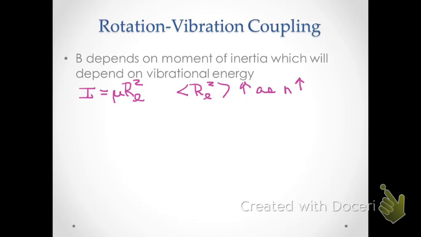So we will note again that the mean square bond length goes up as the vibrational quantum number goes up. And if the moment of inertia goes up as the n quantum number goes up, that means that the rotational constant actually decreases as n, the vibrational quantum number, increases.